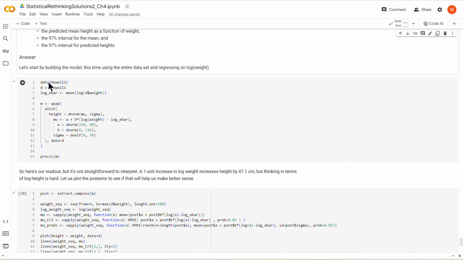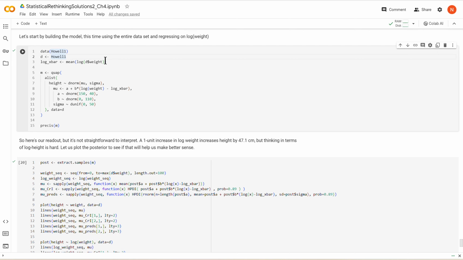So we have our data, and whereas in the past we were just using either adults or children, we're using the entire data set here, and we are going to use log weights instead. So previously we were using x bar, which was just the mean of weight, but now we're using the mean of the log weight.